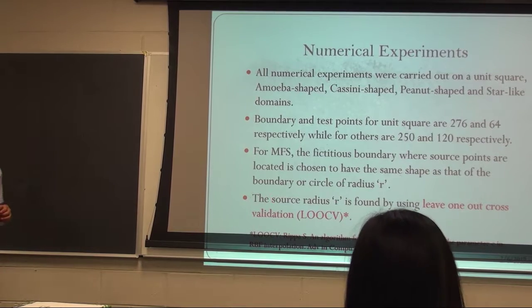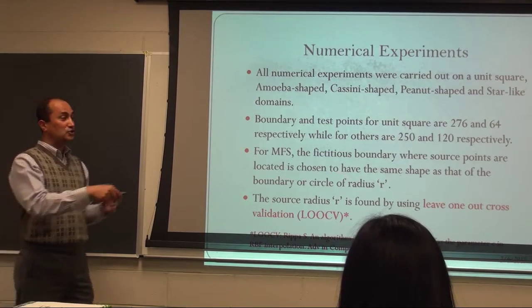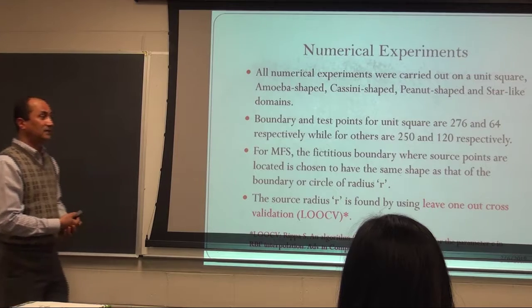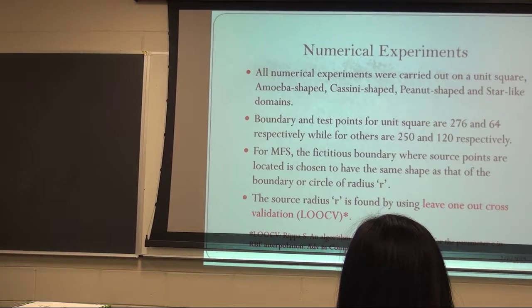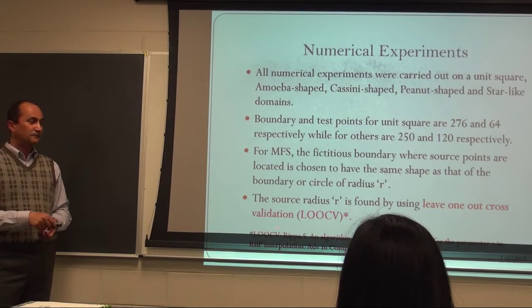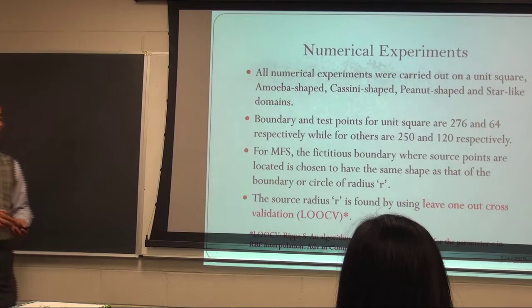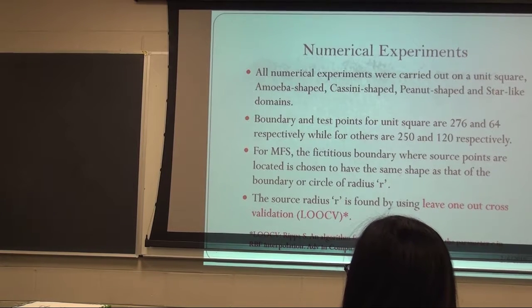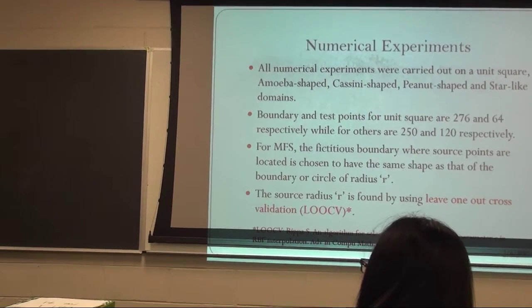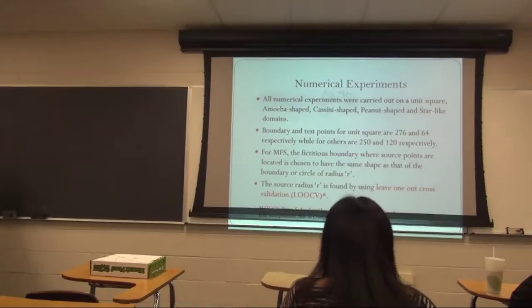Source points are chosen to be the same set as the boundary, and the source radius R is found by using an arbitrary choice. We don't need a shape parameter here because the Chebyshev polynomial doesn't have any, but still we have to choose the fictitious distance.